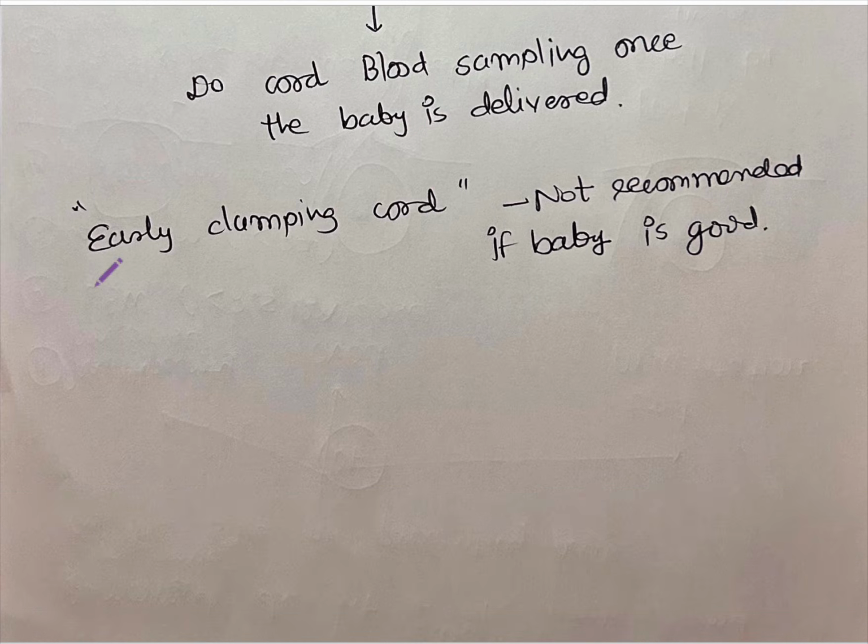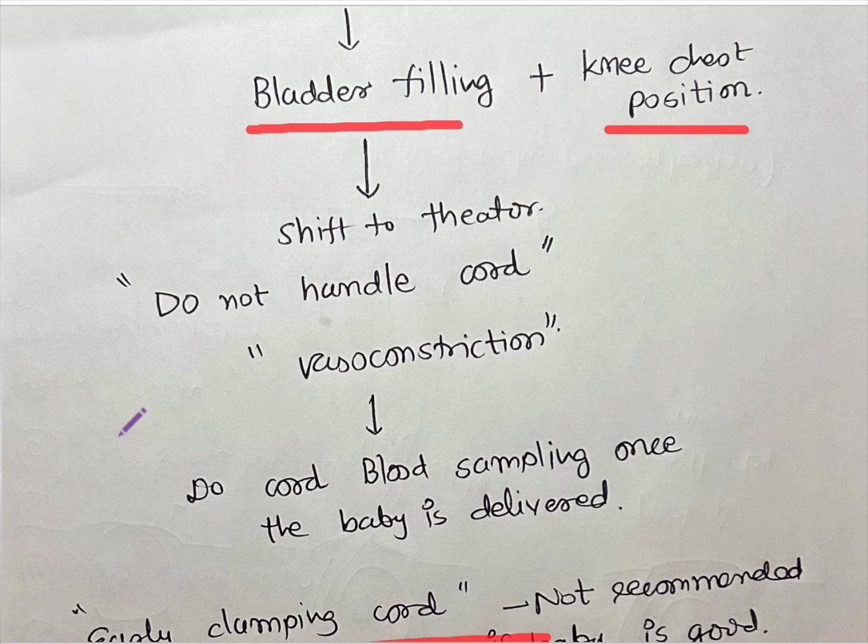Now early cord clamping, let's say when the baby is delivered, should you do early cord clamping? Well, it is not associated with anything. If the baby is good, you can obviously go for delayed cord clamping. If the baby is not good, then obviously I have to do early cord clamping and send the baby for resuscitation.